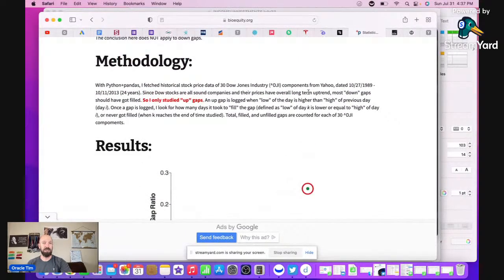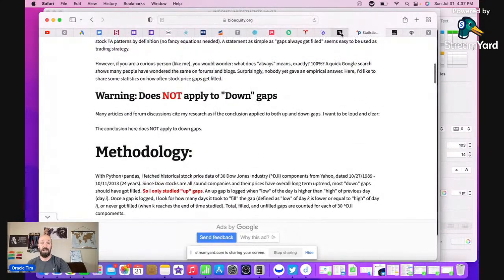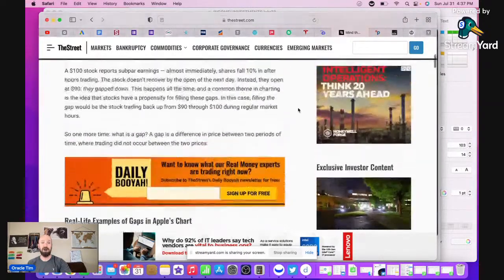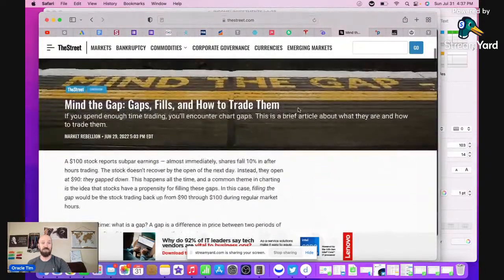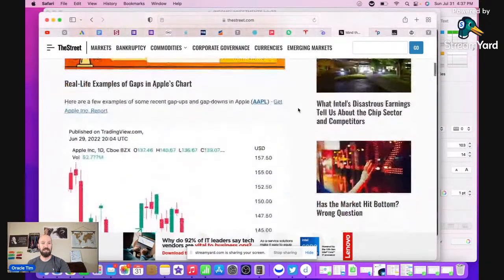He's got data dated back 24 years that he went through to study all of these gaps, and all of these studies involved day charts, which is why I used them in my reference, because that's how I go through it, studying on the day charts.